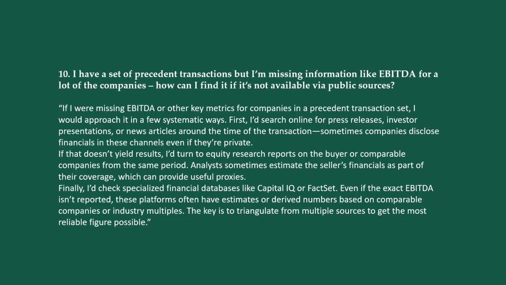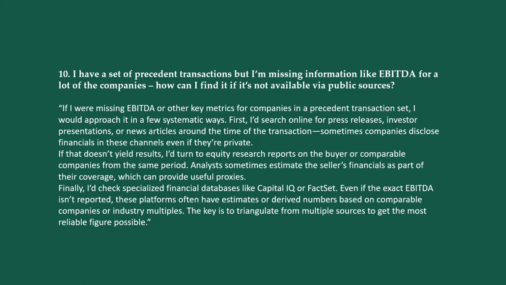And finally, if none of the sources yield concrete numbers, then I will consider deriving an estimate using comparable companies or transaction multiples. If someone is missing information like EBITDA for a company, you can calculate back the EBITDA using peer company analysis. So there are a lot of ways.